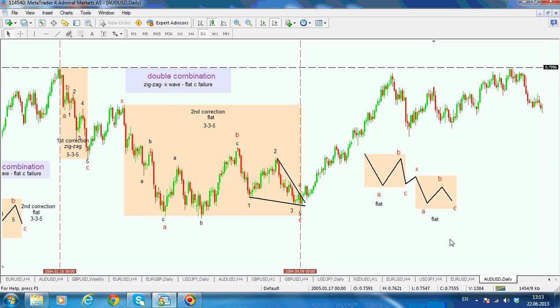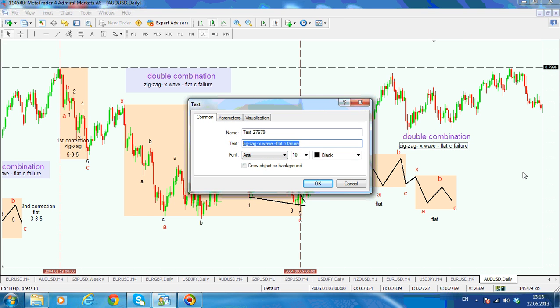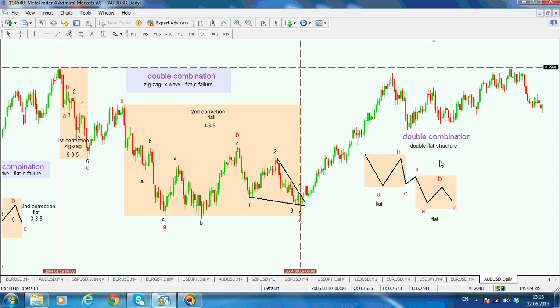Now these are being called two flats connected by an X-wave, and this is being called a double flat or a double combination that has a double flat structure.